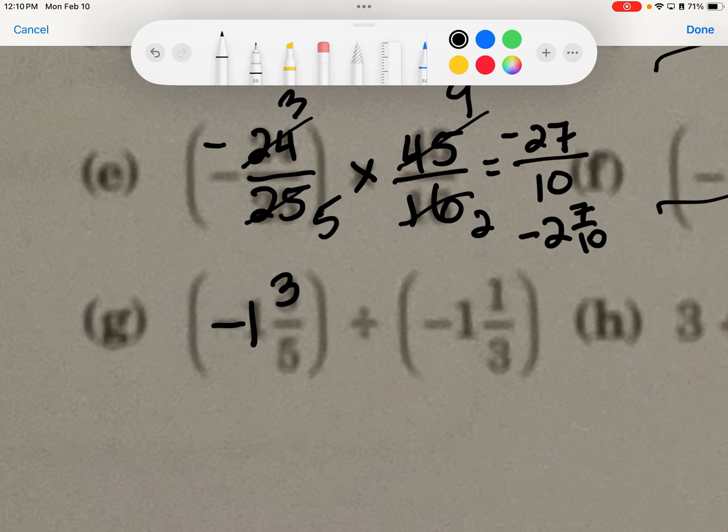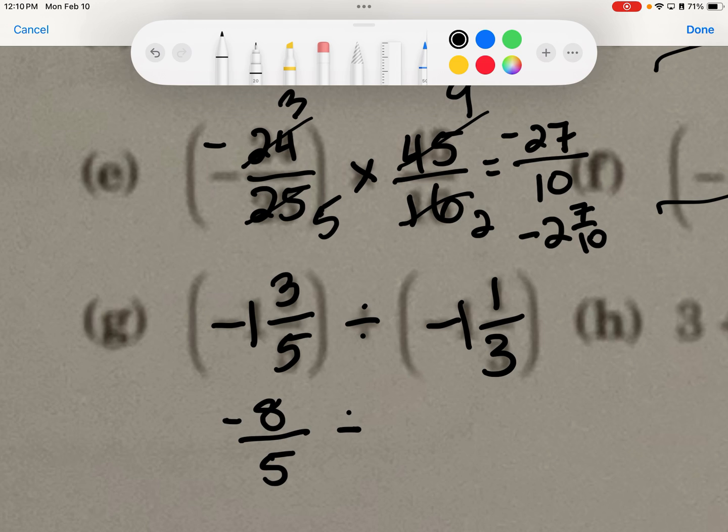All right, let's do this one. Negative 1 and 3 fifths divided by negative 1 and 1/3. We are going to have a positive because it's two negatives. Let's first put them into improper fractions. So we would have negative 8 fifths divided by negative 4 thirds.